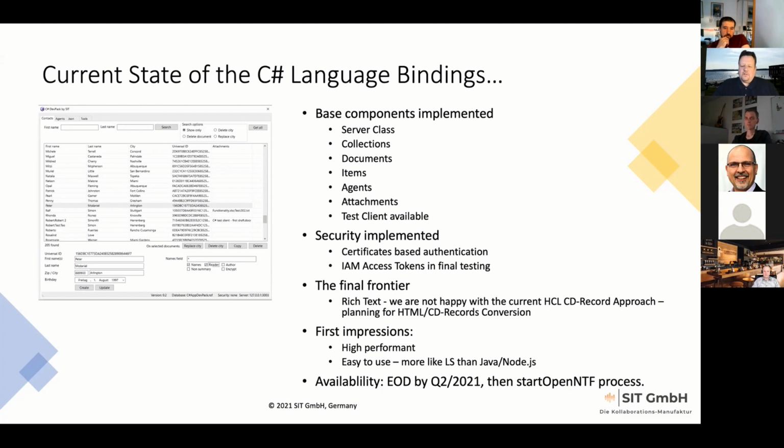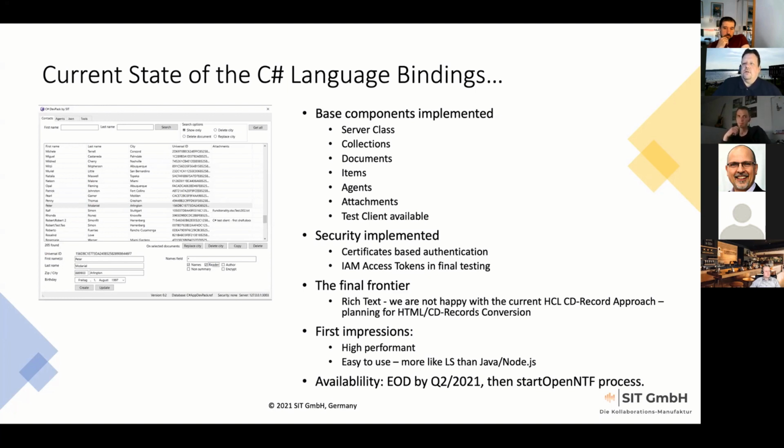The only thing that we're currently dealing with and not happy with, and we had this discussion before with Lars and a couple of others, is the rich text part. We have the rough bindings as we see them in the existing 107 release of the AppDevPack available, so you can deal with CD records in and out.